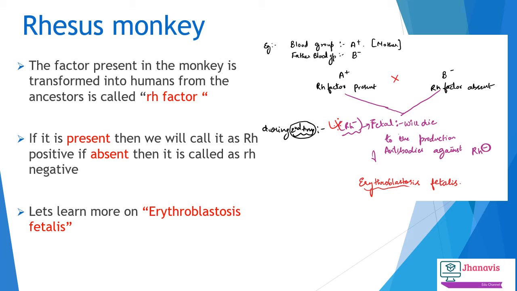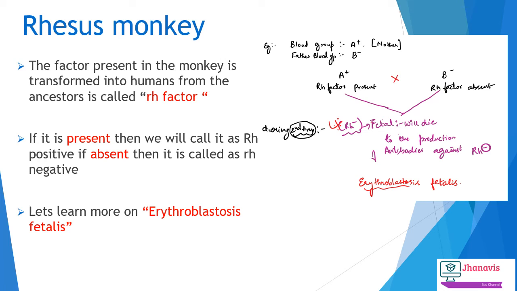As you all know, when there is a delivery, the mixing of the blood automatically takes place, and there is a mixing of the A positive and B negative bloods, wherein the RH factor is totally different. In the mother, the RH factor is present, but in the father, the RH factor is totally absent.